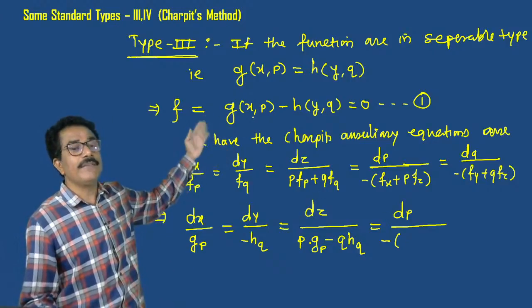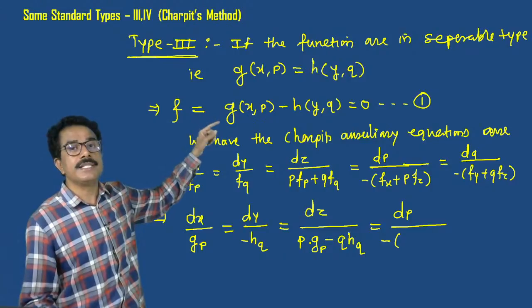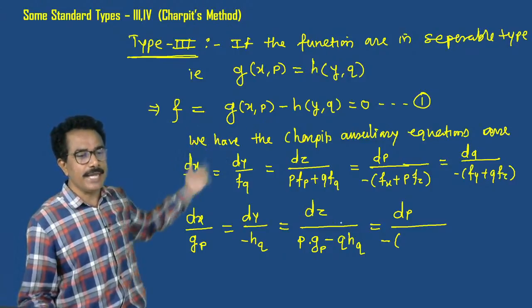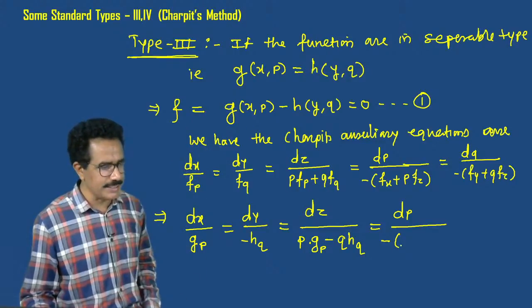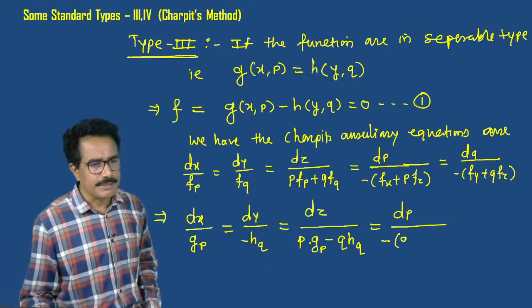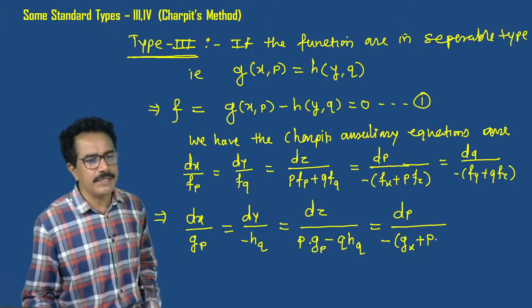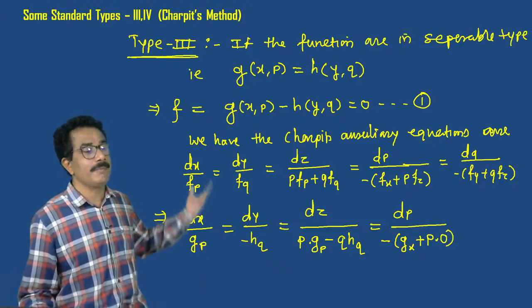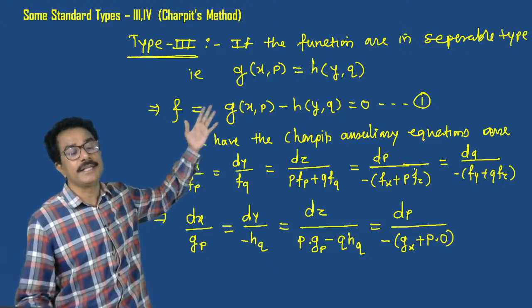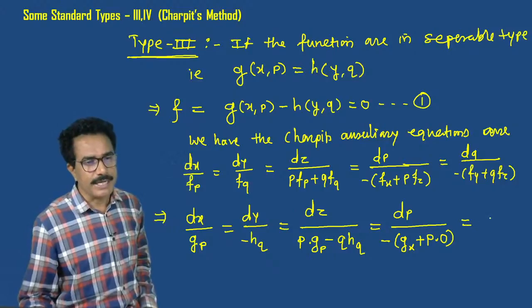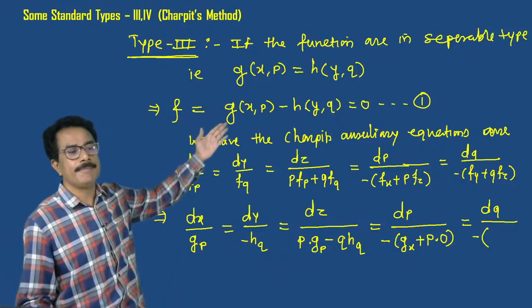Again fx, x is in the function g, that means we can write this as gx plus p into fz, which is 0 because there is no z in the given function. That means dq divided by minus in a bracket again fy.